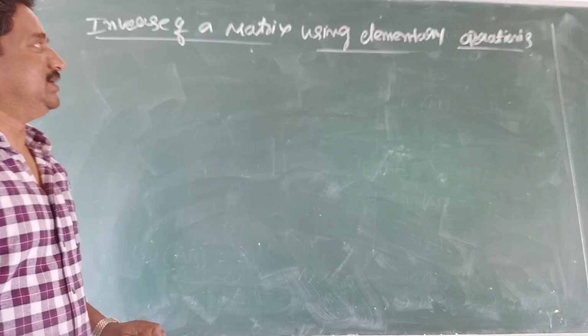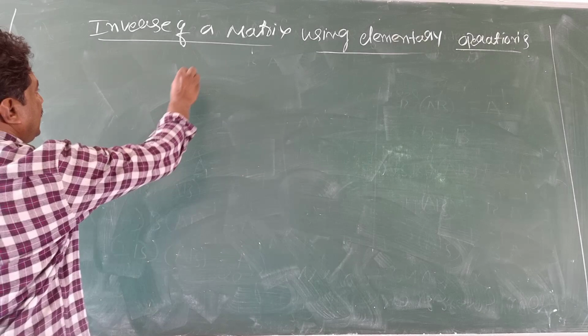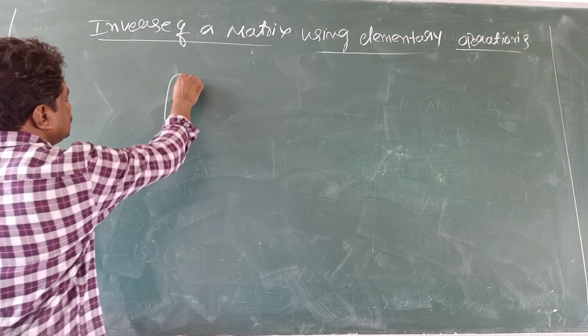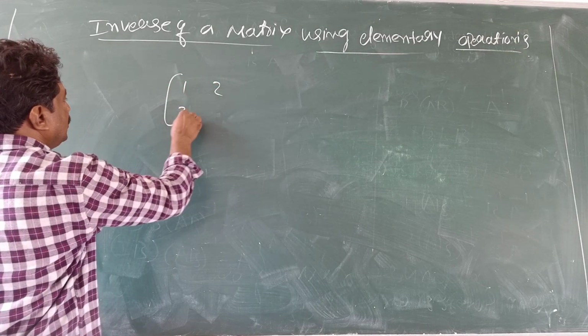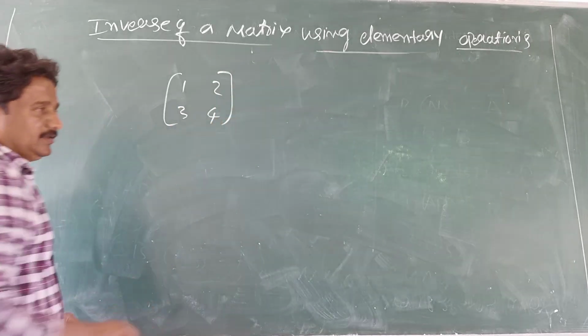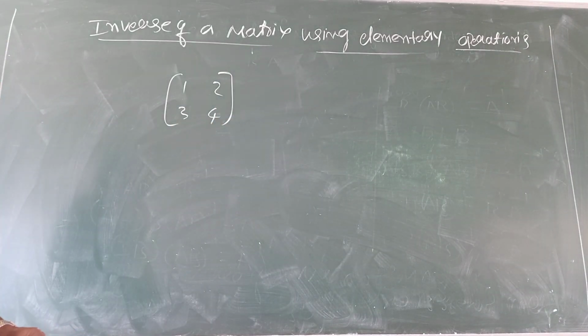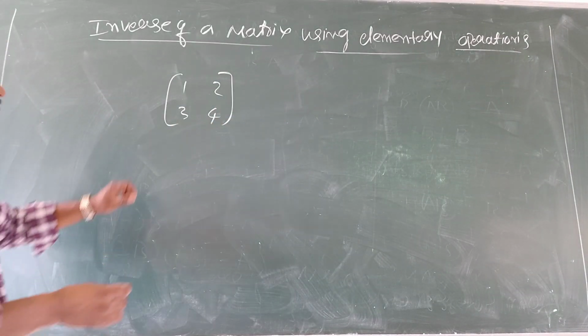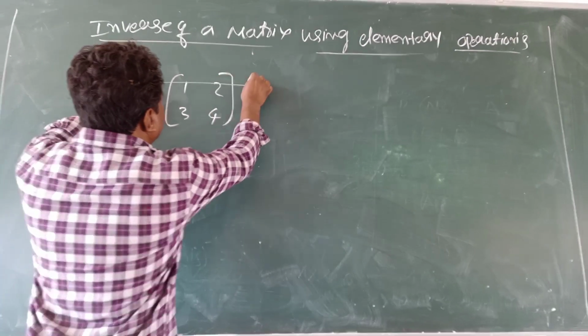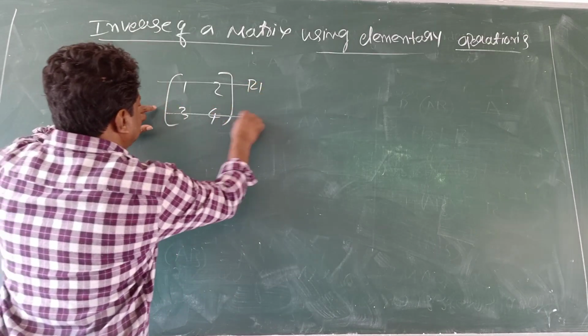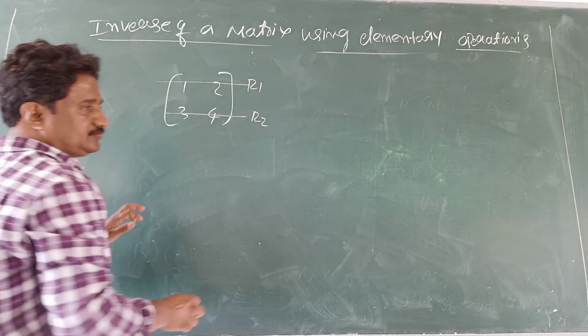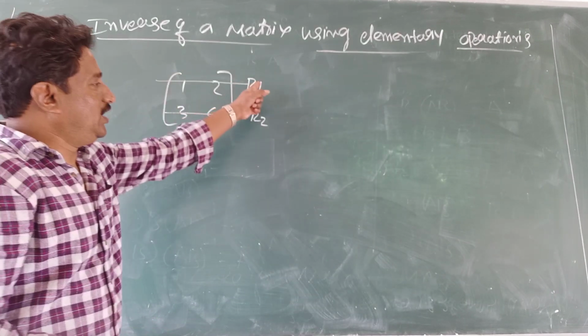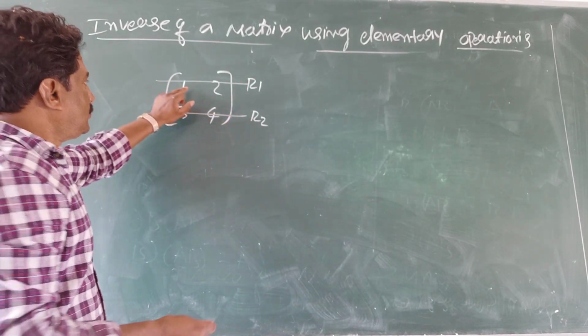First, I explain that. Look at this. I take matrix A, that is 1, 2, 3, 4. This is R1, this is R2. Row 1, row 2.